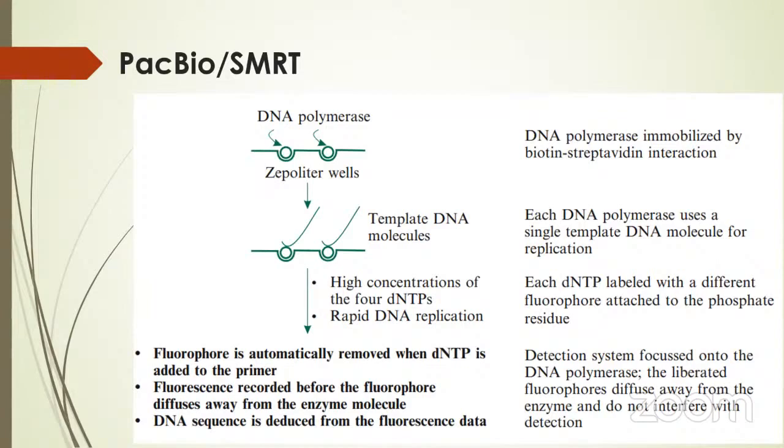Now the single molecule DNA polymerase is immobilized at the bottom of a zeptoliter size well. That means the size of the well is zeptoliter size. Here a DNA polymerase is immobilized. There are so many enzyme immobilization techniques, such as cross-linking.